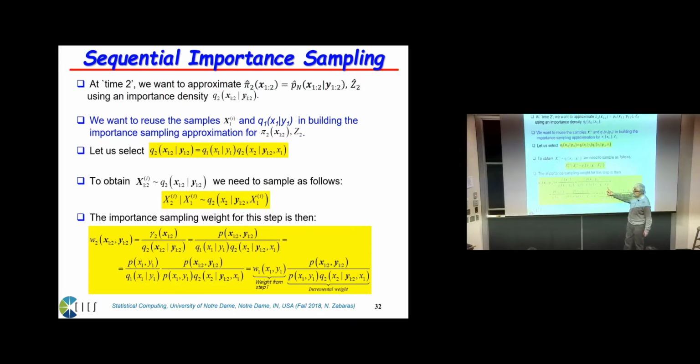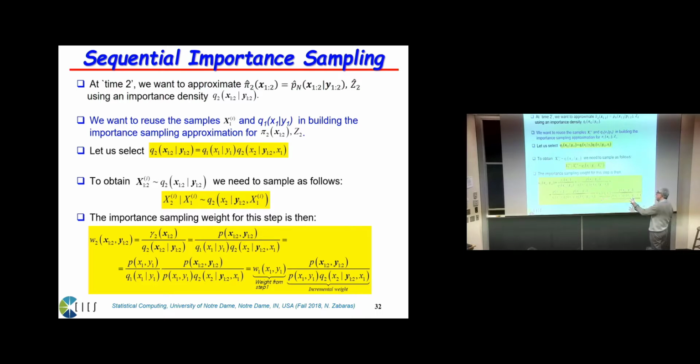So what I have done now is multiply and divide by the unnormalized posterior at time 1, and what do I get? This first fraction there, don't you think it is the weight at time step 1? We already computed that weight.